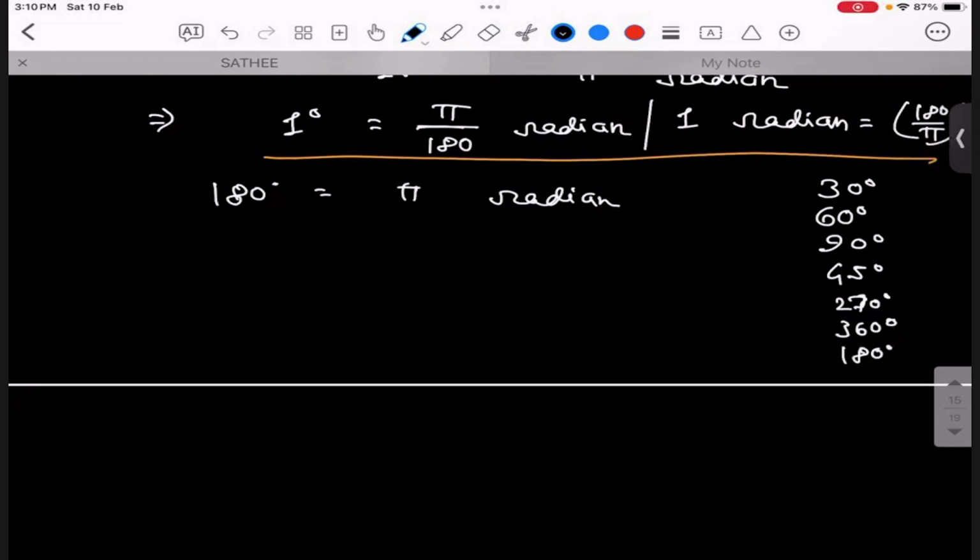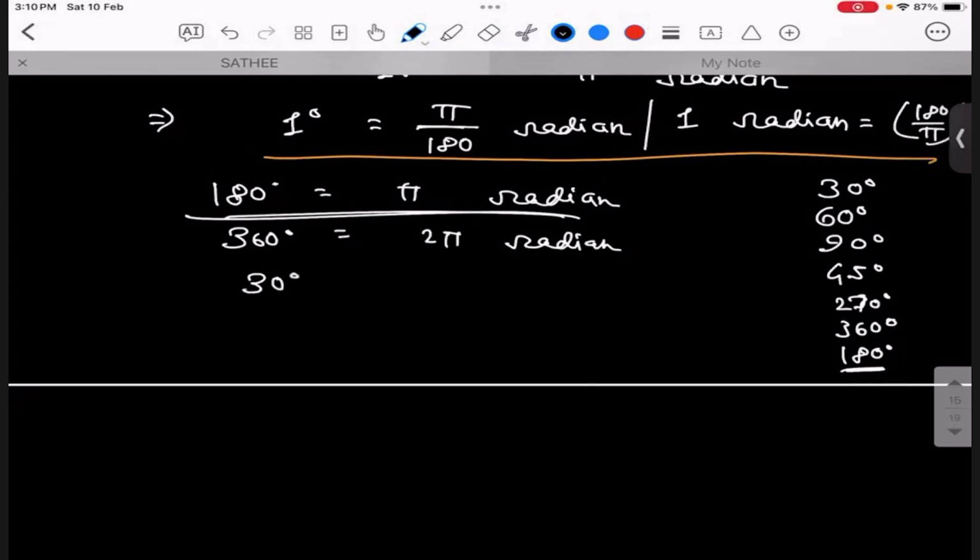So we know this from here. What about 360 degree? That is 2 pi radian. Now what about 30 degree? 30 degree is nothing but 180 degree by 6, which is nothing but pi by 6 radian.